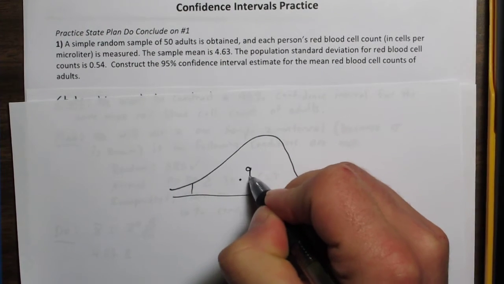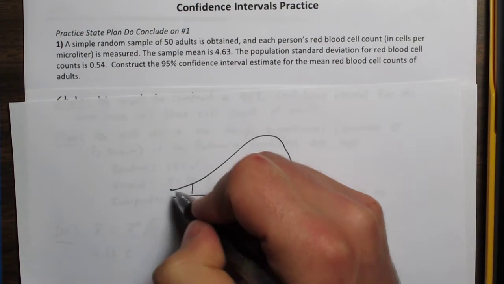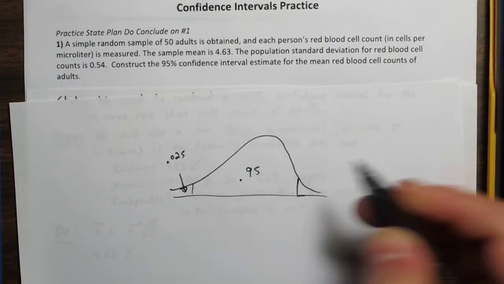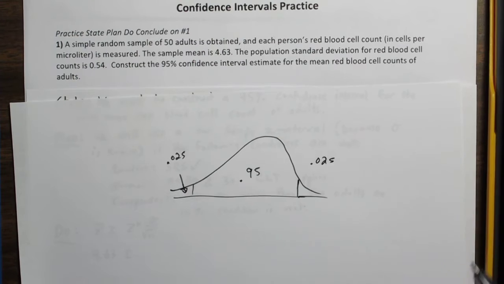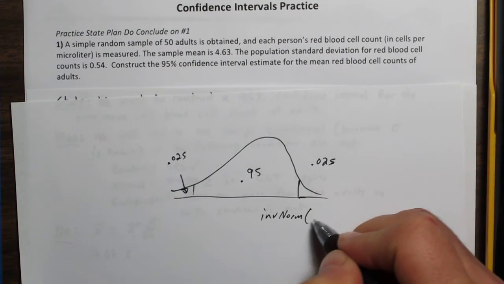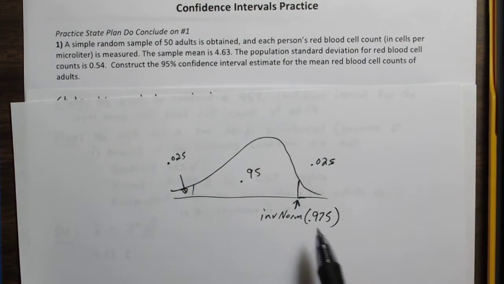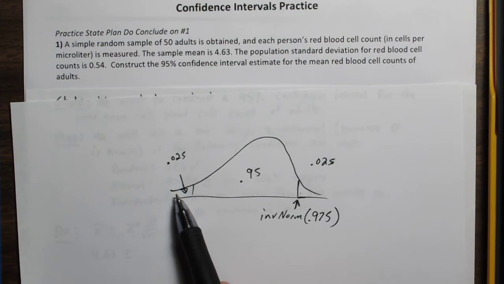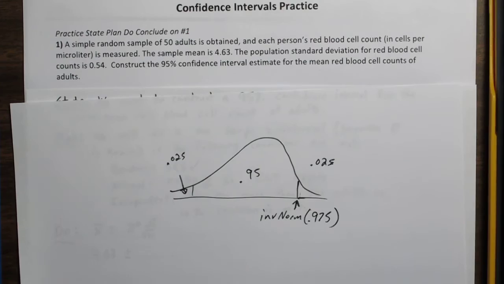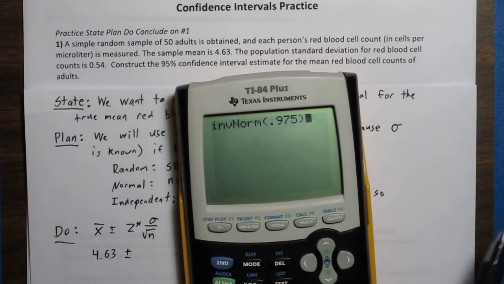If we want to find the cutoff values to cut off the middle 95% of the normal distribution, that would leave 2.5% here and 2.5% here. So when we do inverse norm of 0.975, we're telling it to find this cutoff value right here, which includes both the 0.025 in the tail here and the 0.95. So anyways, if we do that, we get our Z star.